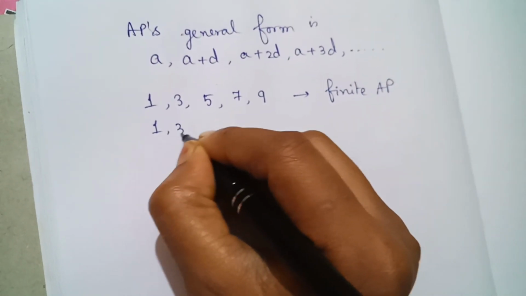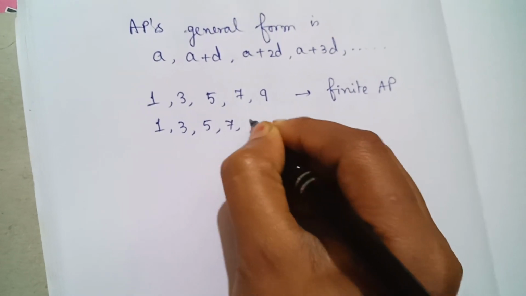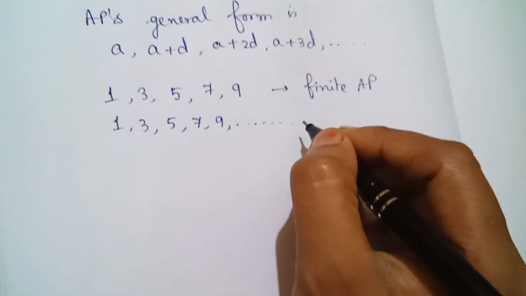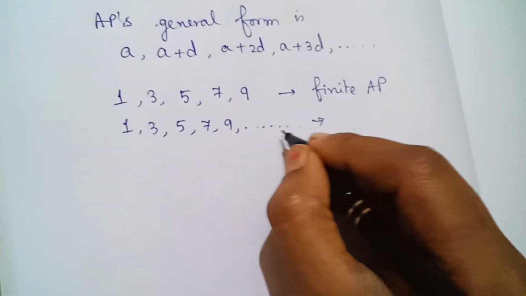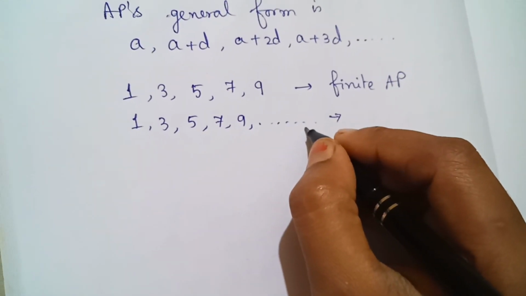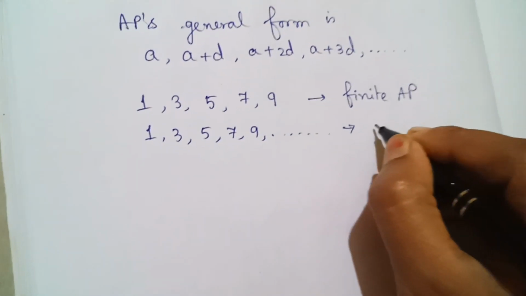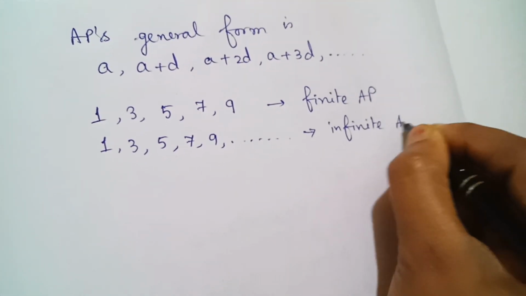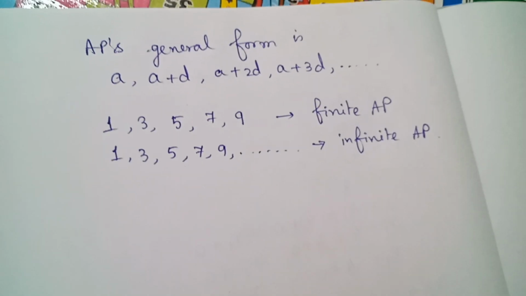Now if I continue the same thing with dots, I don't know where I am going to stop. That means we have infinite terms in this AP, so this is called an infinite AP. Okay.